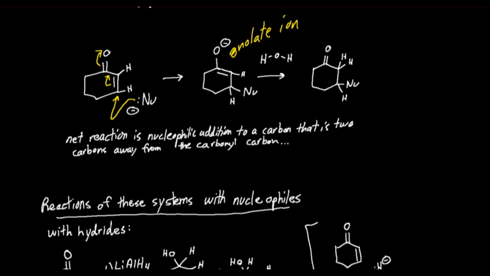At this point, you can have protonation occur, as we've seen, where electrons move in this manner, abstracting a proton from a proton source, and you get the ketone up here and a new bond to the nucleophile at the beta position. So the net reaction is actually a nucleophilic addition to a carbon that's 2 carbons away from the carbonyl carbon itself.